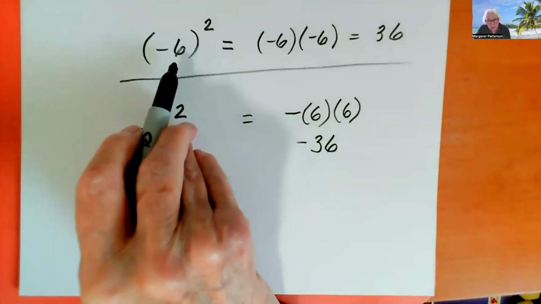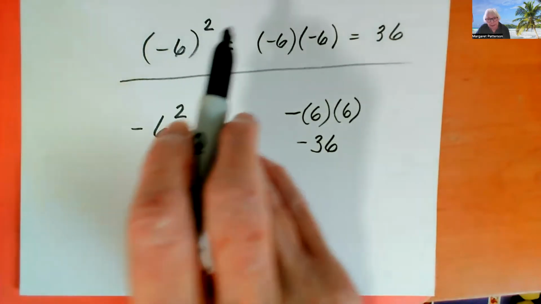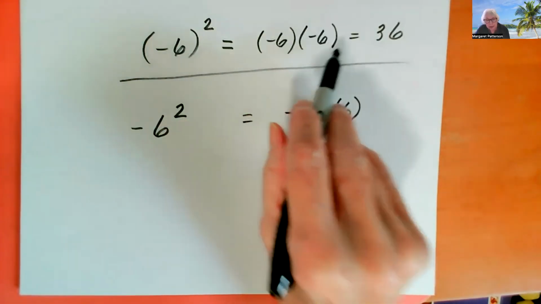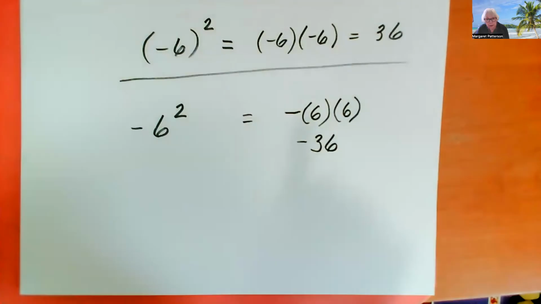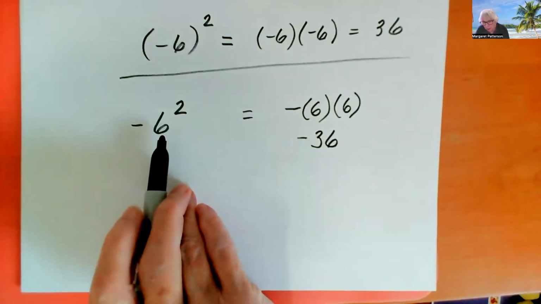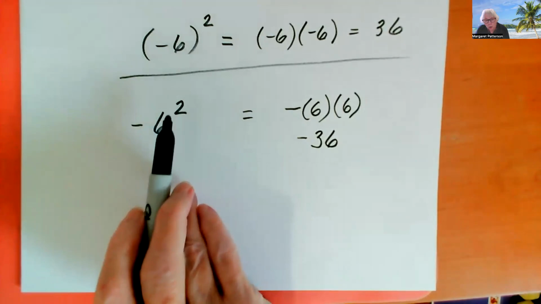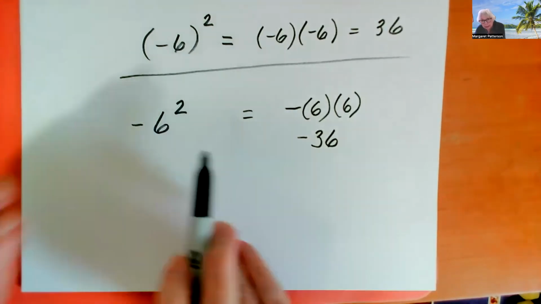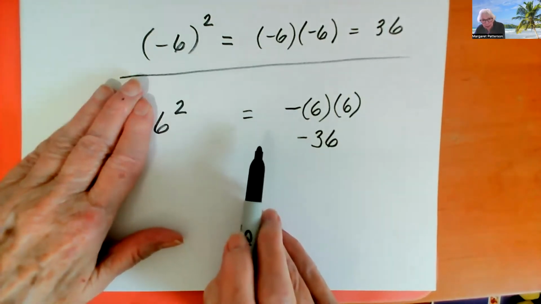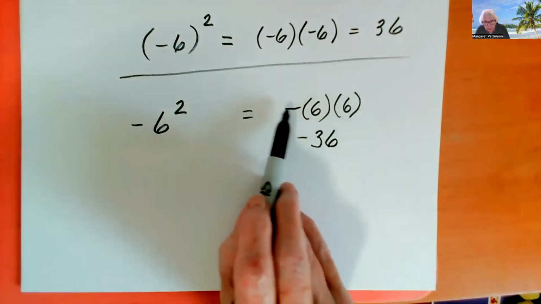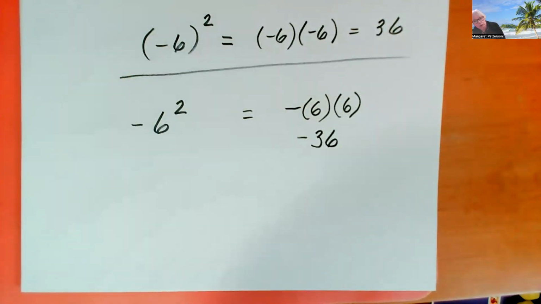When you have the parentheses in the original problem, it's very clear that it's -6, -6, positive 36. But this one is different. The square only applies to the number it's sitting on, which is 6, like that. And so 6 squared is 6 times 6, then the minus goes in front of it.